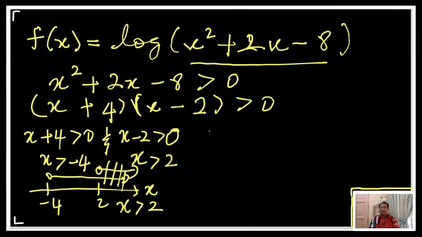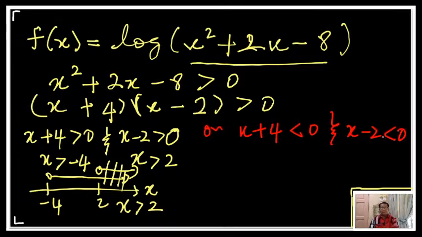The other case is x plus 4 less than 0 and x minus 2 less than 0. Negative times negative is positive, and you need positive. So x less than minus 4 and x less than 2.